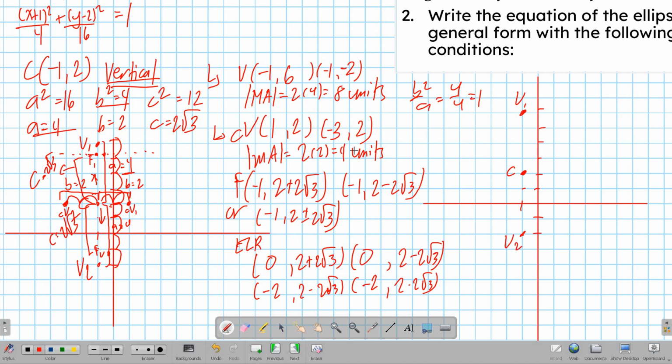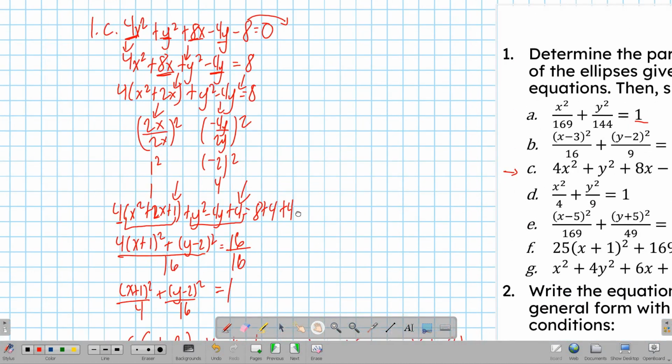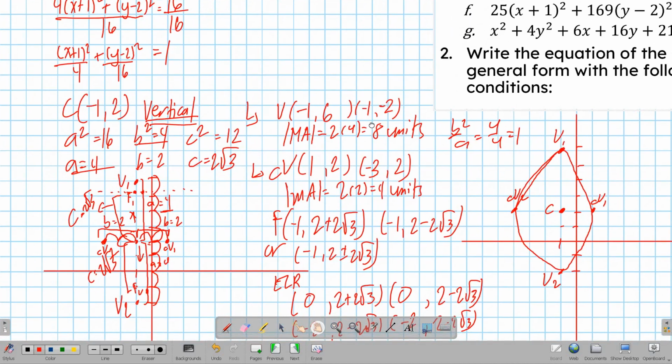For our co-vertices, we have at 1, 2, and then we also have at -3, 2. All we need to do now is sketch its rough graph. Still doesn't get the ellipse. Apologies. Ellipse, but that's the sketch of the graph of this general form equation from here to here.